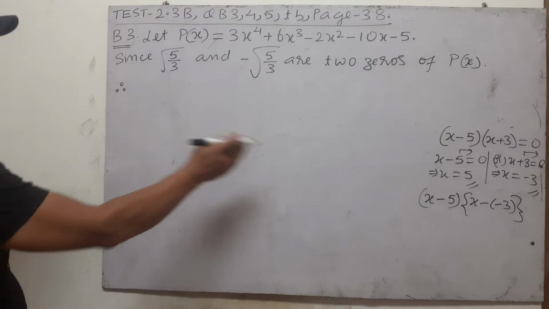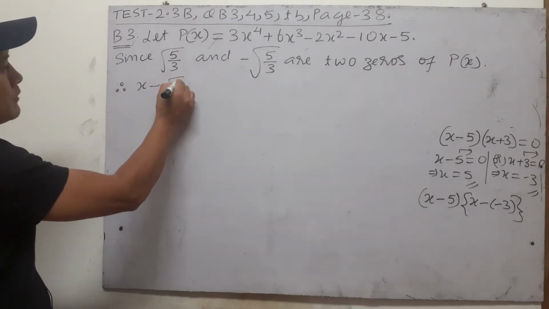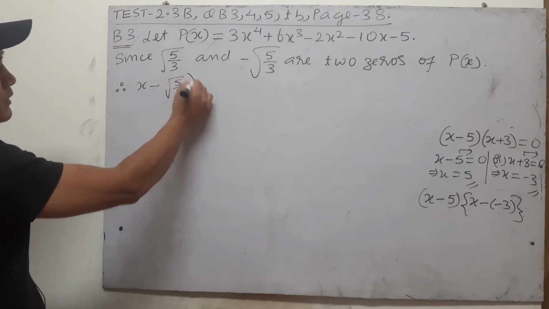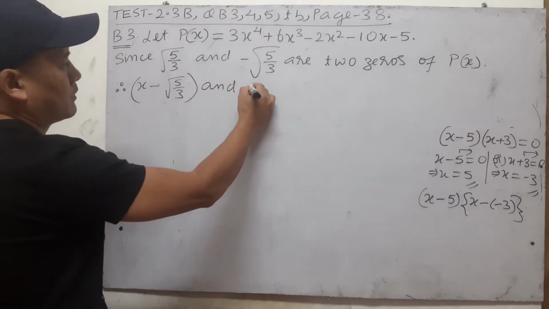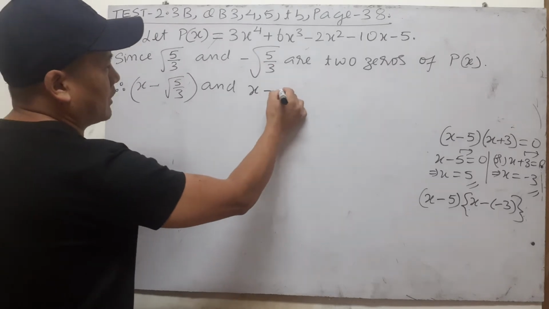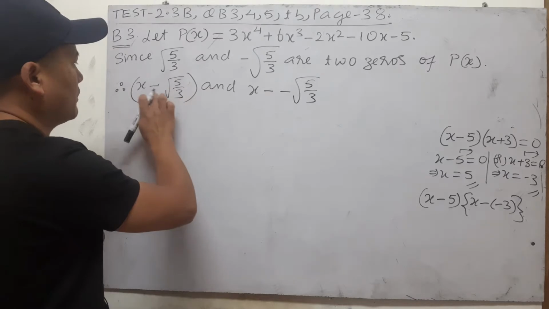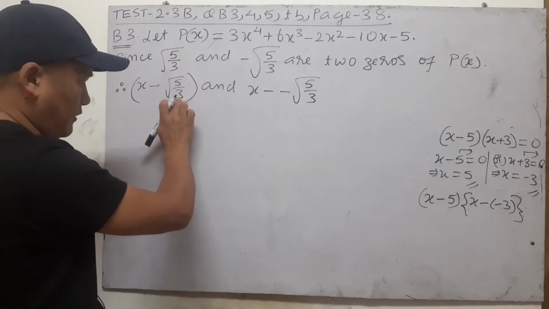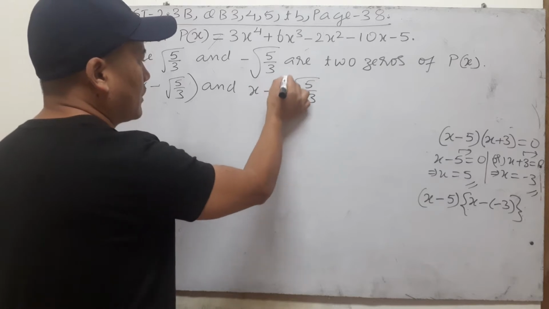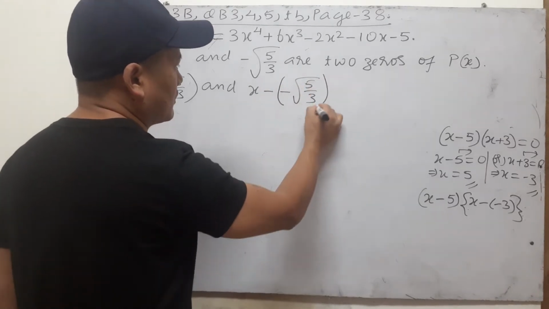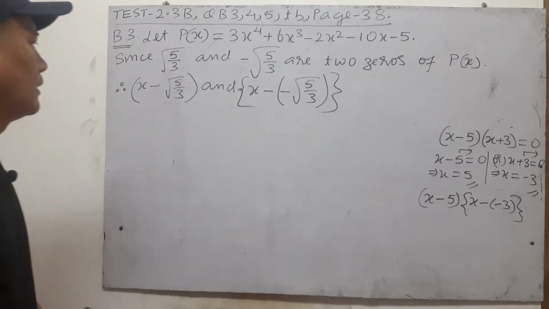So here, just like that analogy, x minus the first zero, root over 5 by 3, in the factorized form, and x minus whatever is here, again minus root over 5 by 3, that is x plus root 5 by 3, and x minus root 5 by 3. So in between these two we put this bracket and close this. So these are the two factors.